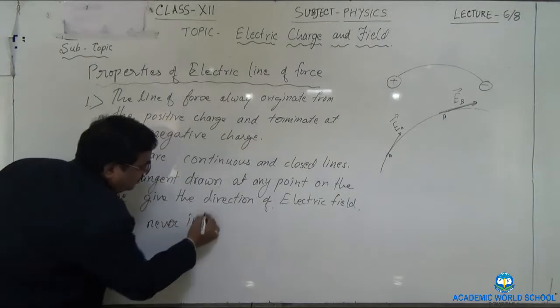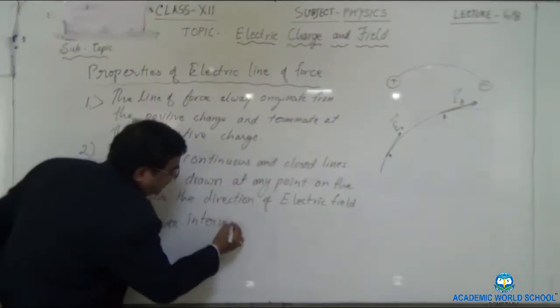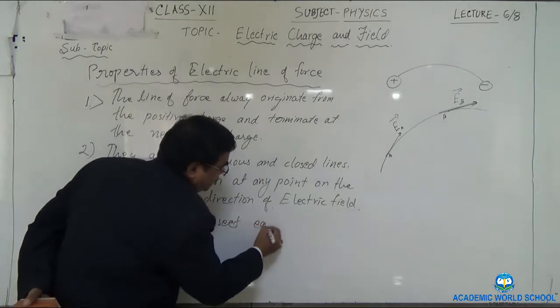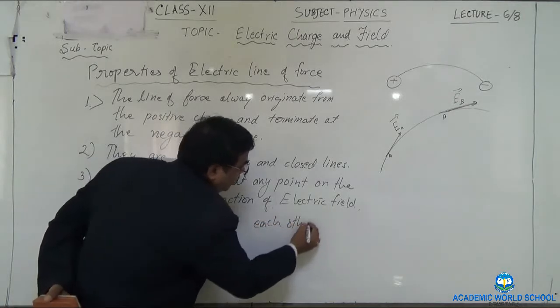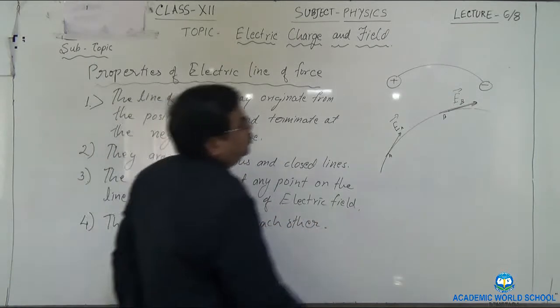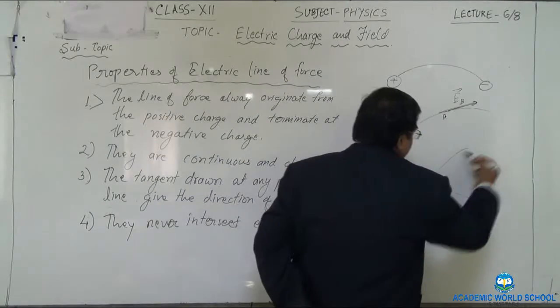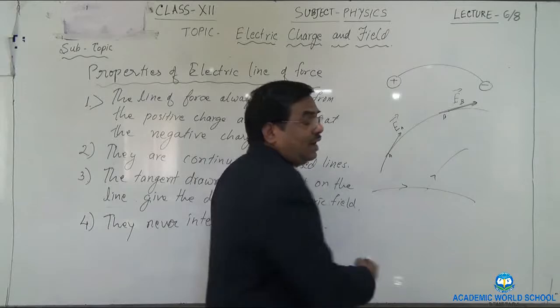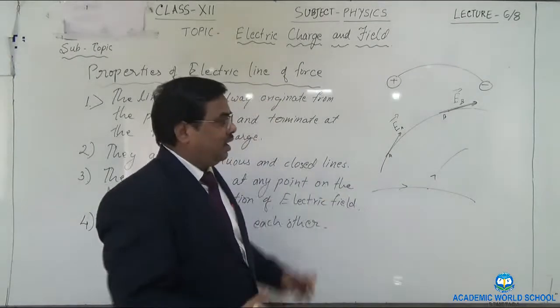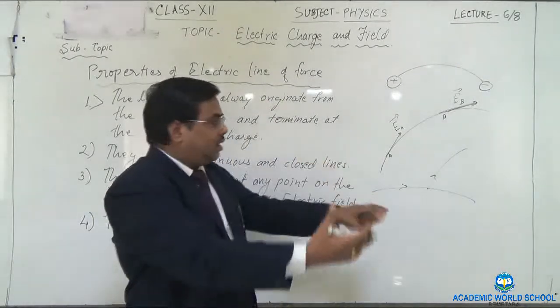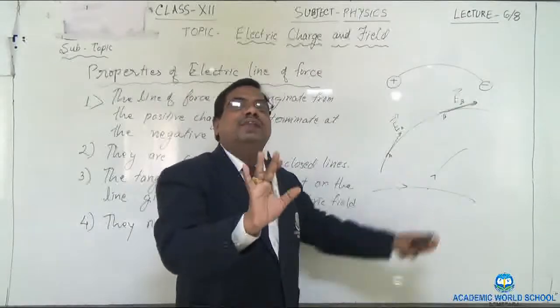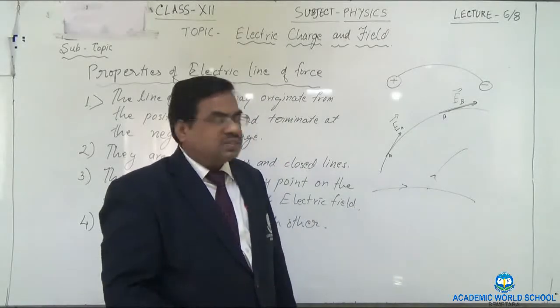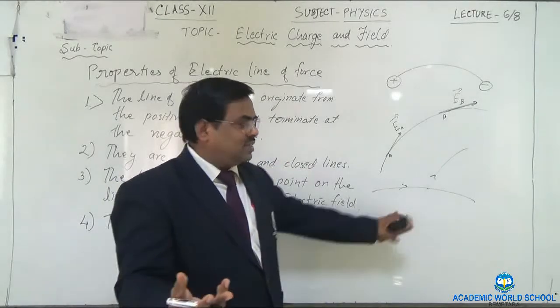And the fourth is, no two lines intersect, they never intersect each other. So two lines cannot intersect. This is not possible. Suppose you say it is intersecting.